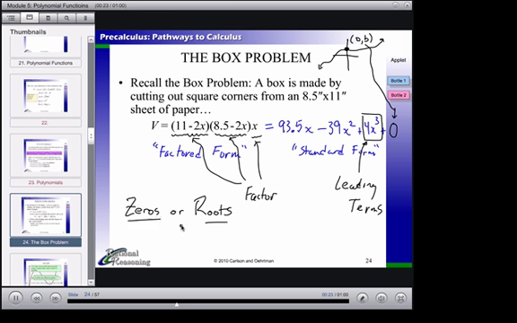I'm going to be a broken record today and Monday and Wednesday. Zeros or roots are values of x that make the function 0. Zeros are the actual ordered pairs, so maybe a comma 0. Then the corresponding root would just be the x value. Okay? So a.